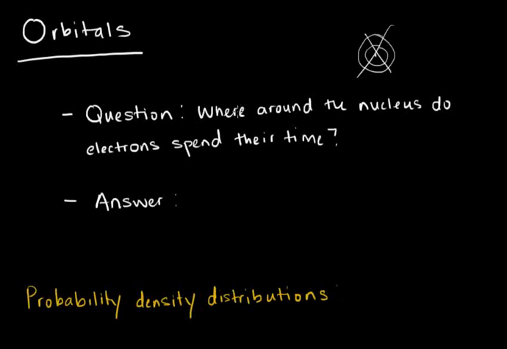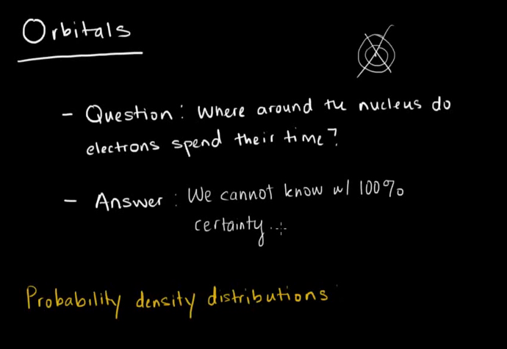Well, the answer I'm going to give you is probably incredibly unsatisfying. And that answer is we cannot know with 100% certainty. We will never know where exactly electrons spend their time around the nucleus.